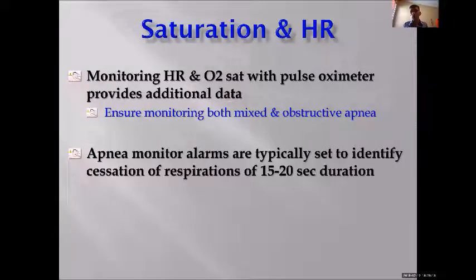Remember, the pulse oximeter measures the percentage of oxygen attached to hemoglobin, the saturation, but it also calculates the heart rate. Because it measures the bradycardia, which is the response to the apnea, and the oxygen level, which is the drop of oxygen due to apnea, it can diagnose both central and obstructive apnea.